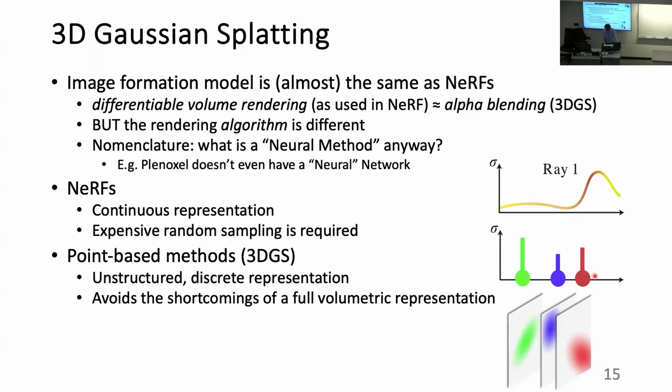And as you're integrating along this ray in either direction, you don't have to do your expensive ray marching, but you can essentially just take the contribution from this green splat, from this blue splat, and then this red splat along your ray. And they also do a lot of very fancy GPU implementations to make this extremely efficient on the GPU with some custom CUDA kernels.